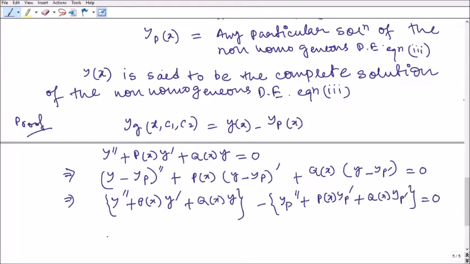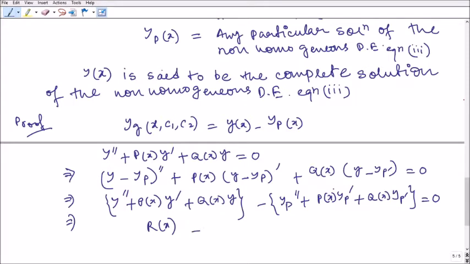So you can see that y double dash plus p of x y dash plus q of x into y, here y is a solution of the non-homogeneous differential equation, so this is equal to r of x.